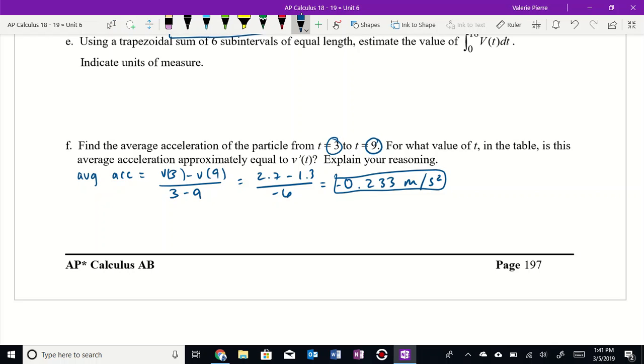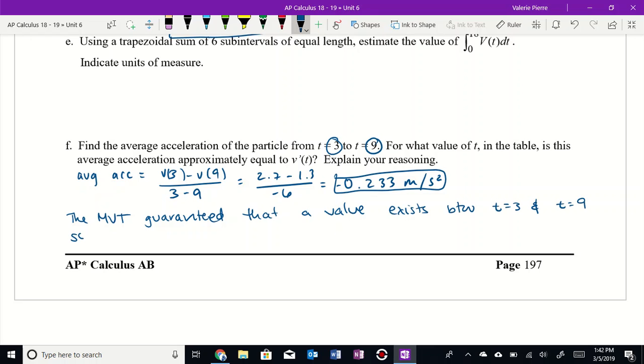And if that is the case, then by MVT, we are guaranteed that a value exists between t equals 3 and t equals 9, such that v prime of t is equal to v of 3 minus v of 9 over 3 minus 9.